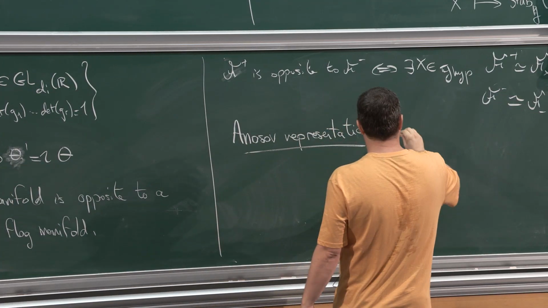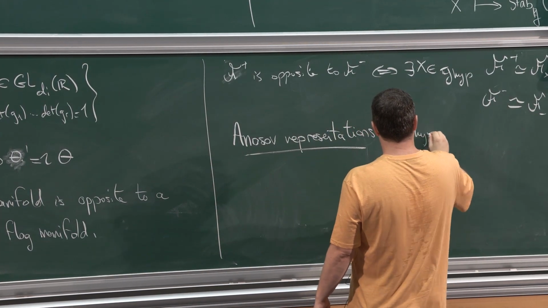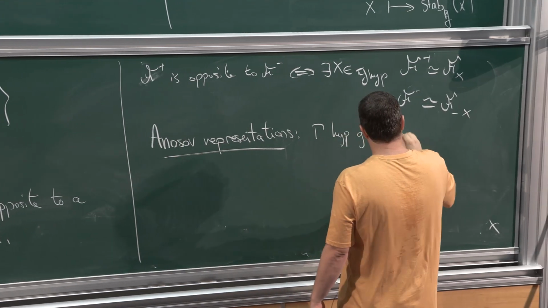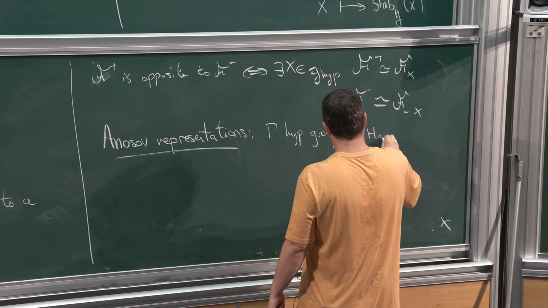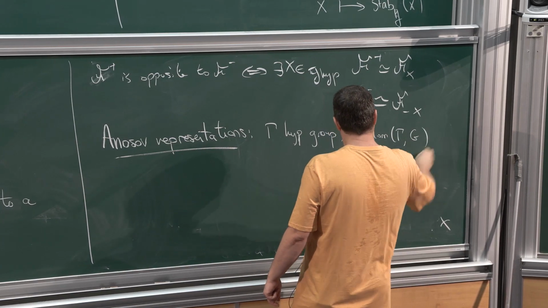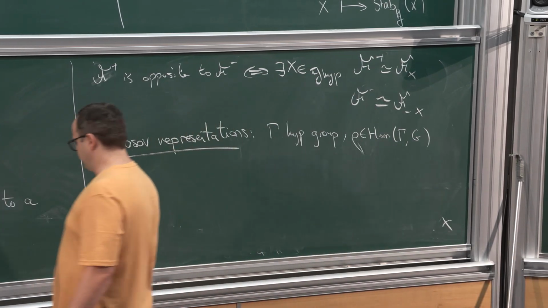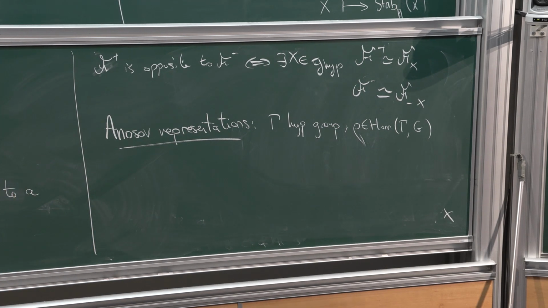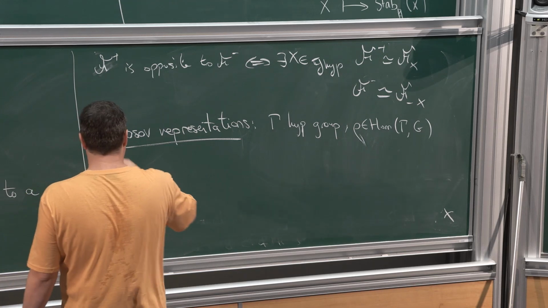Right, if you have a gamma hyperbolic group, rho a representation in G, you could always define things like limit maps, right? That was the important thing.